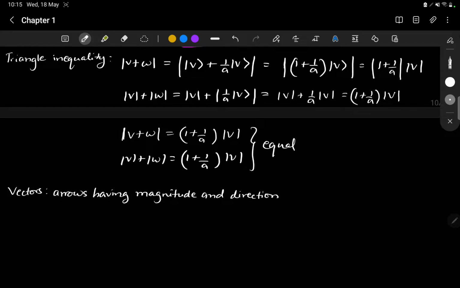Vectors are quantities which are denoted by arrows having magnitude and direction. This is what we learn in schools. But over here in the concept of linear vector spaces, we saw in the very first video that vectors are quantities which are members of a linear vector space, wherein we have two operations.